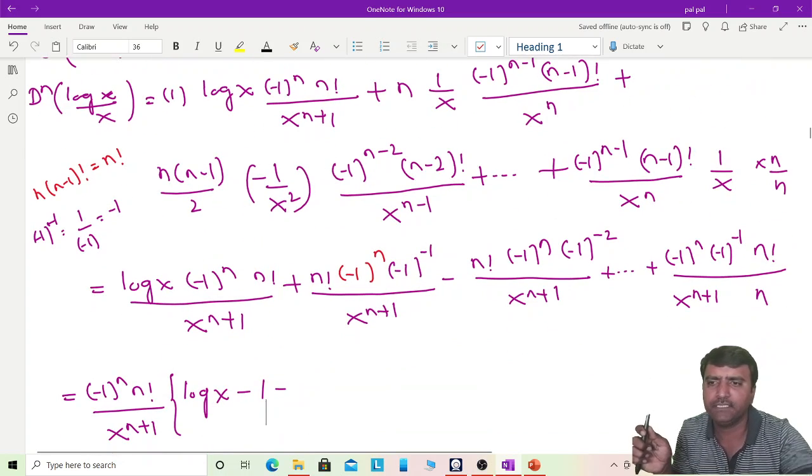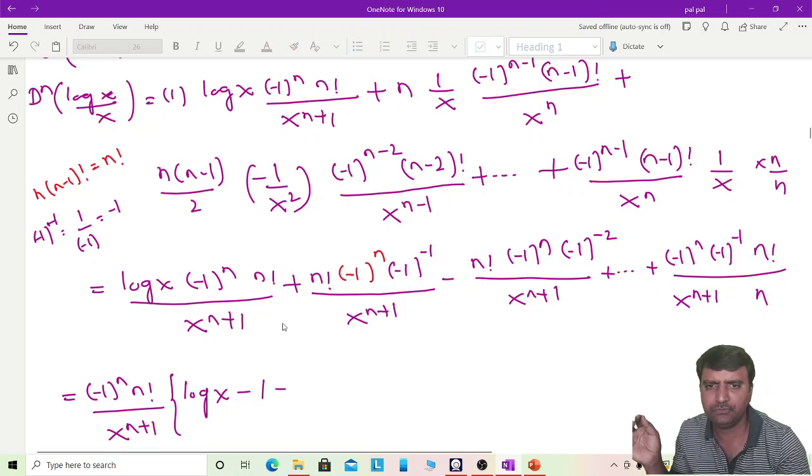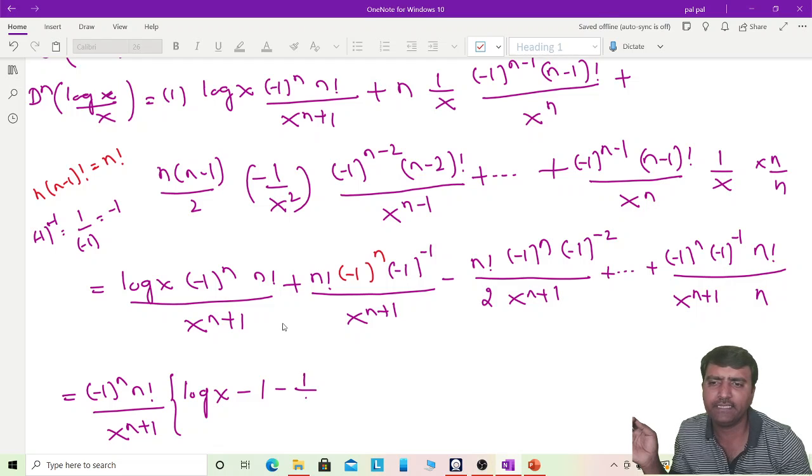Okay, we forgot to write 2 here. This is n into n minus 1 into n minus 2 factorial, which is n factorial, and we forgot to write this 2 here. You write that 2. Now if minus 1 to the power n, n factorial and x to the power of n plus 1 come outside, remaining here is 1 by 2. So plus, and so on.